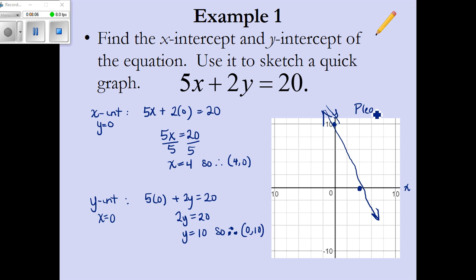Please use a ruler. It's not something I am able to do with what I have in front of me for my tablet. But I expect them to be nice and straight. Sorry, mine's not nice and straight. Okay, so we have x-intercept, y-intercept, and we've got a quick sketch.